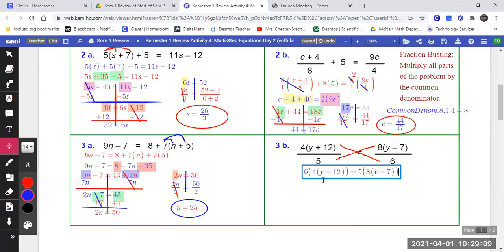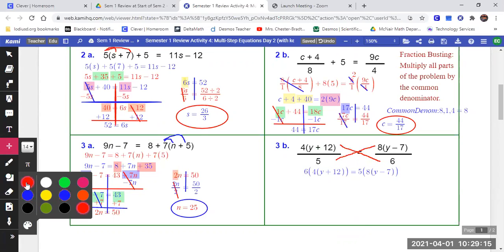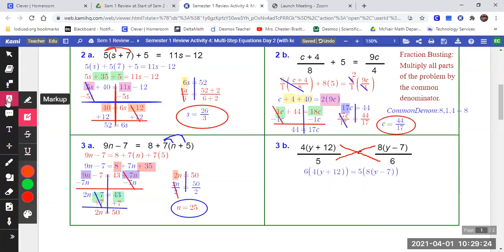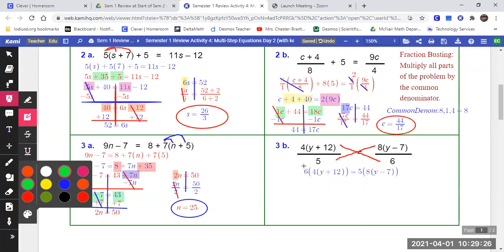Okay, so first we're going to clean up the 6 times 4 and the 8 times 5 before we do our distribution. What is 6 times 4? 6 times 4 is 24.